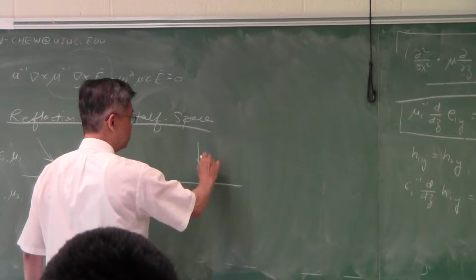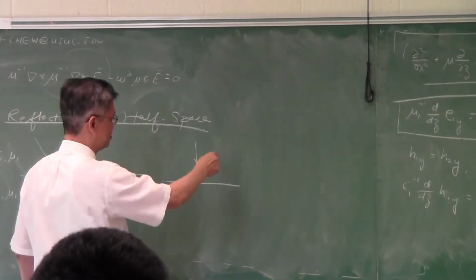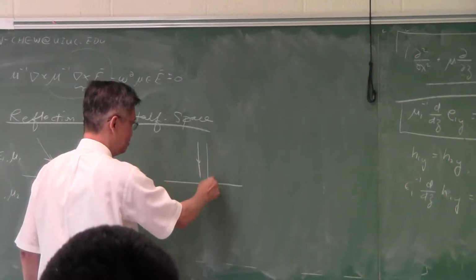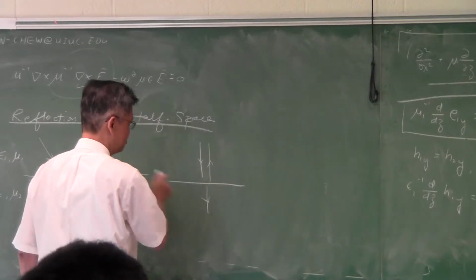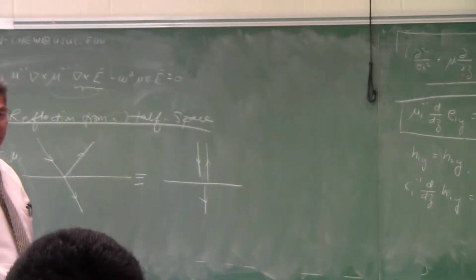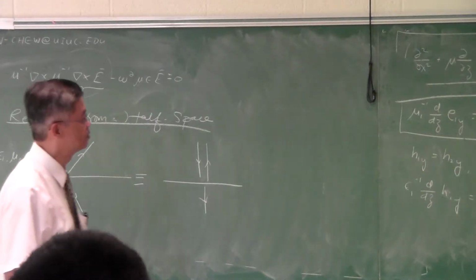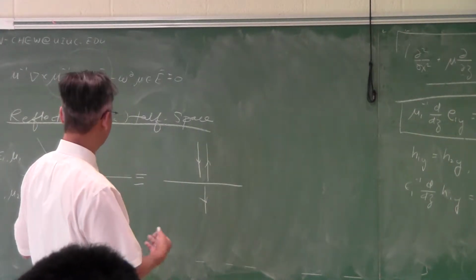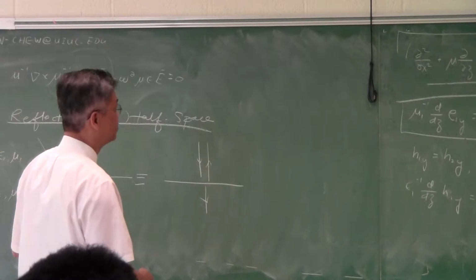Because I only have 1D equations to solve from now. An incident wave, a reflected wave, and a transmitted wave. And the 1D equations are the 1D ordinary differential equations that you saw a little while ago that I have erased from the blackboard.